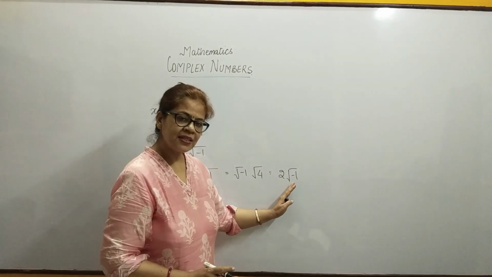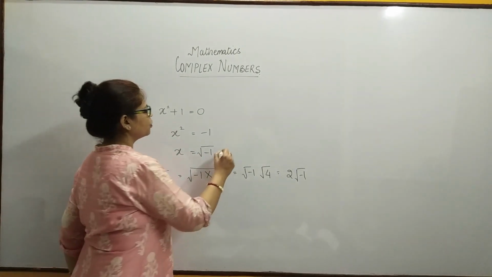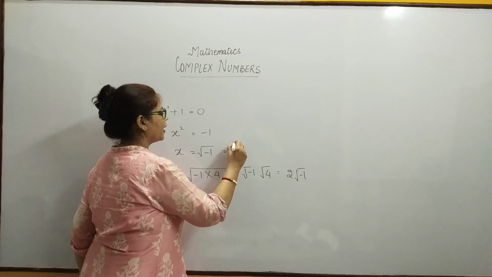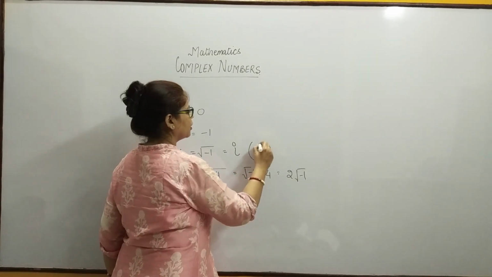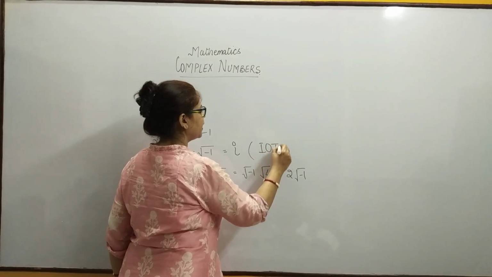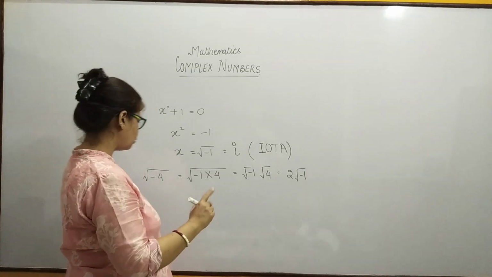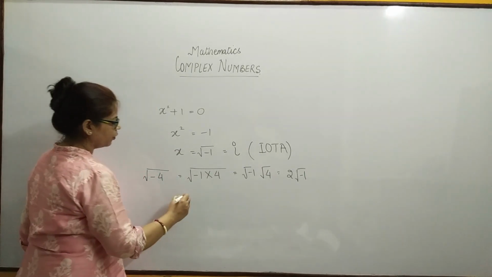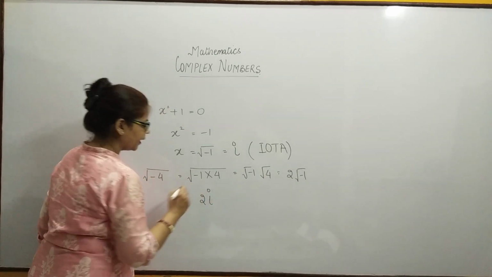In this chapter, square root of minus 1 is denoted by the letter i, which is also known as iota. I-O-T-A. You can say i or iota. So square root of minus 4 will become 2i, right?